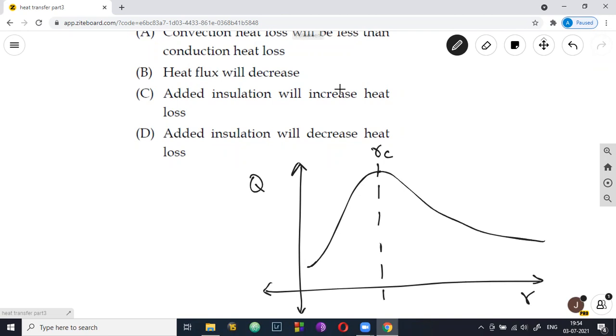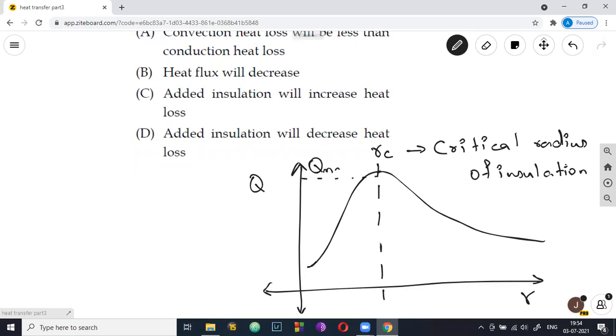Okay, let me repeat. If you're starting from a very small insulation, as you increase the radius, your heat transfer rate increases, and then it reaches maximum at which value? At critical radius of insulation. RC stands for critical radius of insulation. This is where your heat transfer is maximum. If you take Q, Q is maximum. And then it decreases.